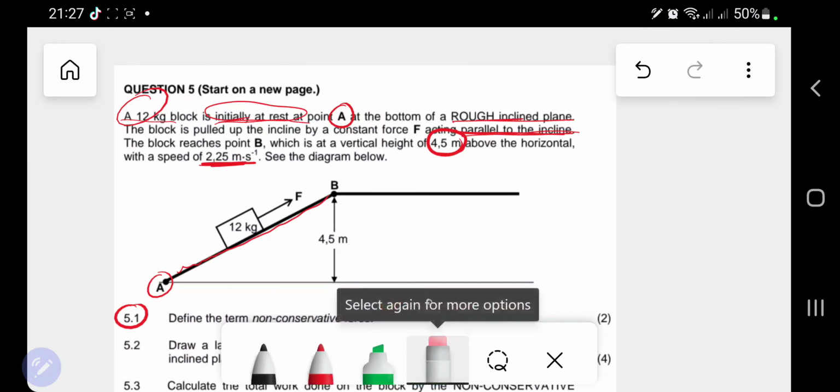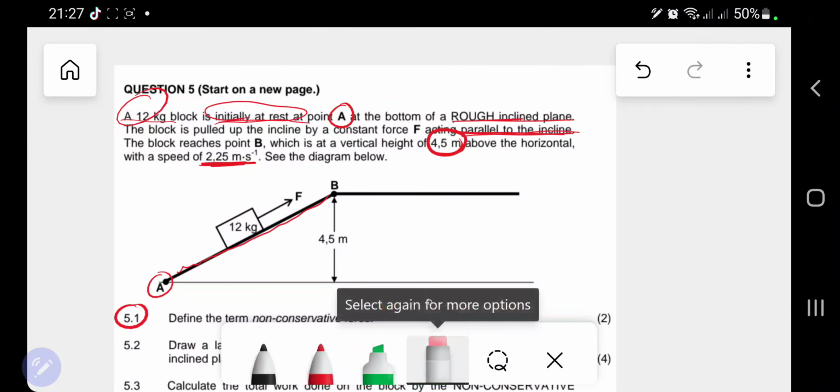All right, so let's go to 5.2. 5.2 says draw a labeled free body diagram for the block when it is pulled up the incline. So I'm just going to try to draw them here as 5.2. We draw down here a weight, or you can call it a gravitational force.